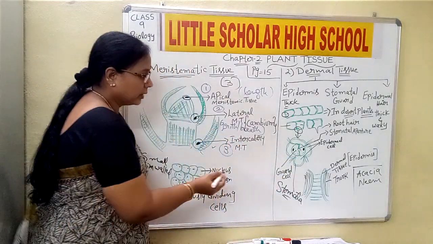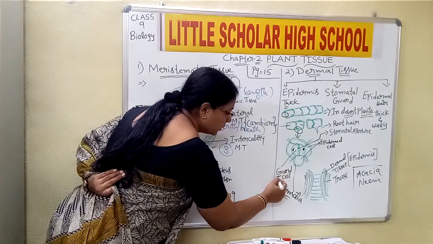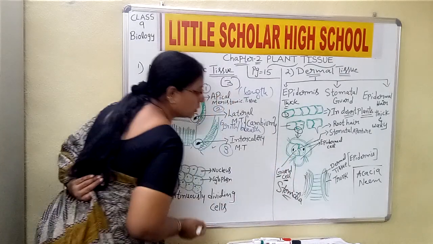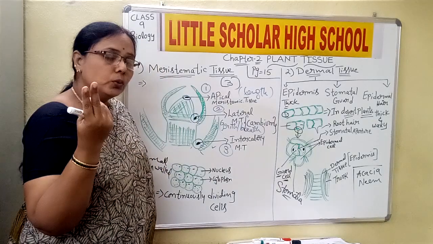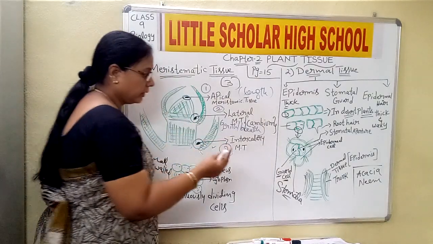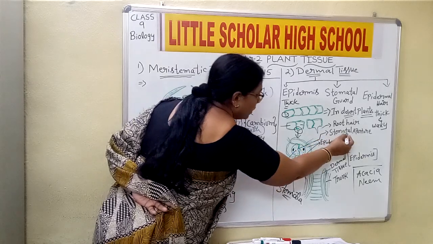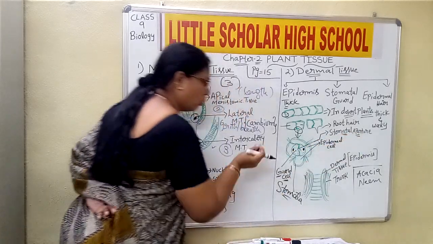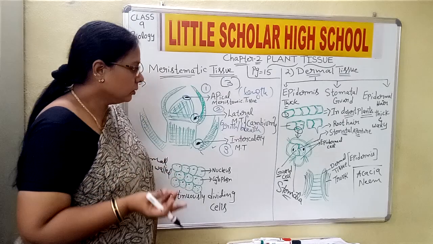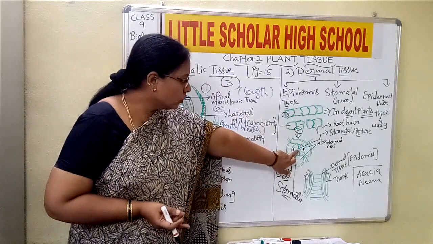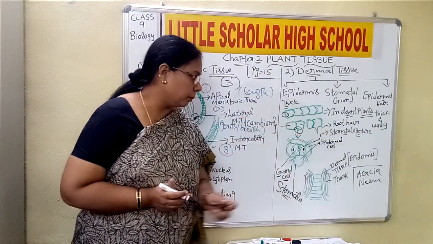The stomata consists of two kidney-shaped guard cells, and the opening is called the stomatal aperture. Aperture is nothing but a hole or an opening.